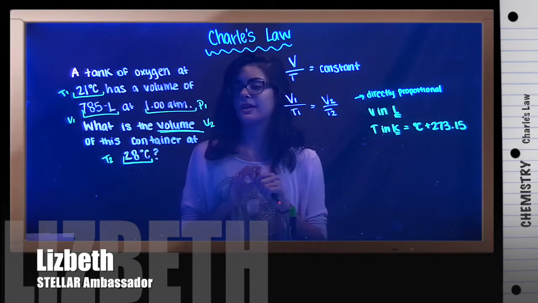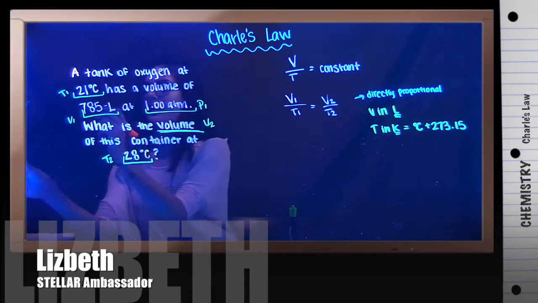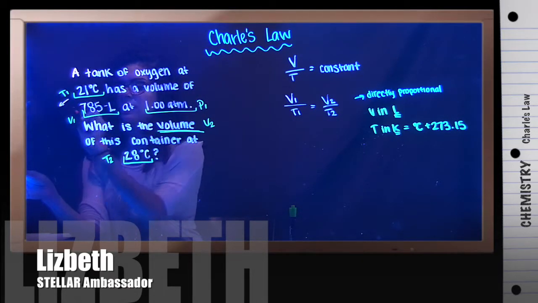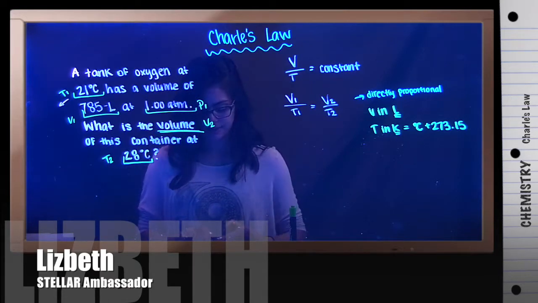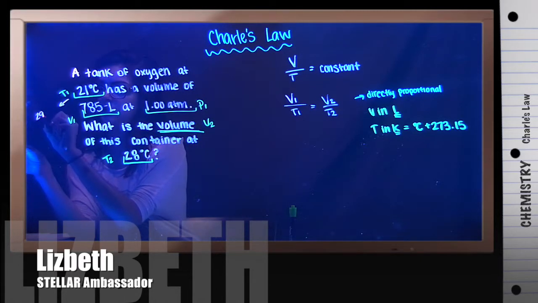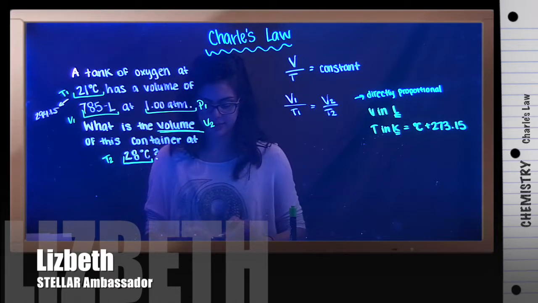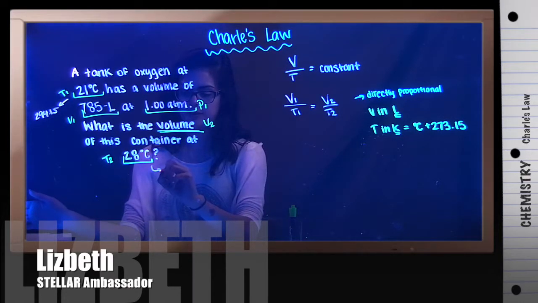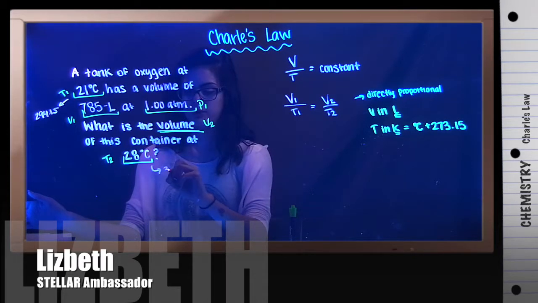So first I'm going to convert my T1 to Kelvin. That's just going to be 21 plus 273.15. That gives me 294.15. And then let's do 28 plus 273.15 as well. And that gives me 301.15.